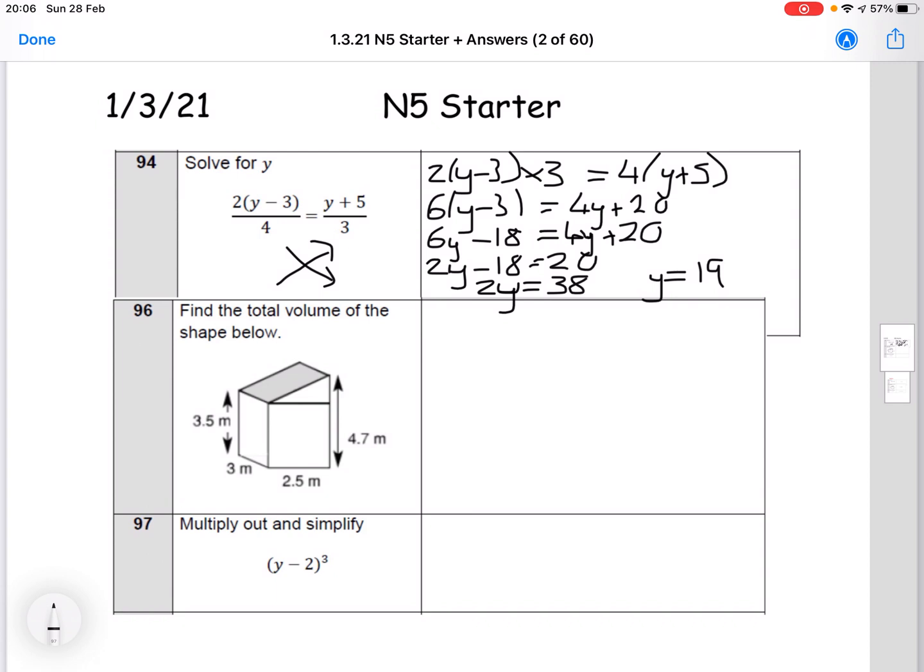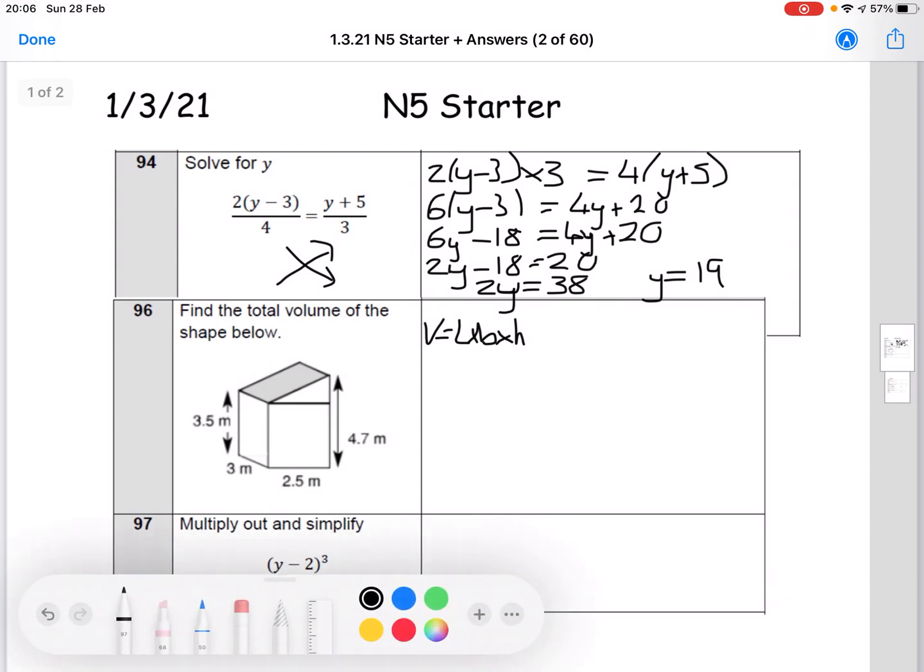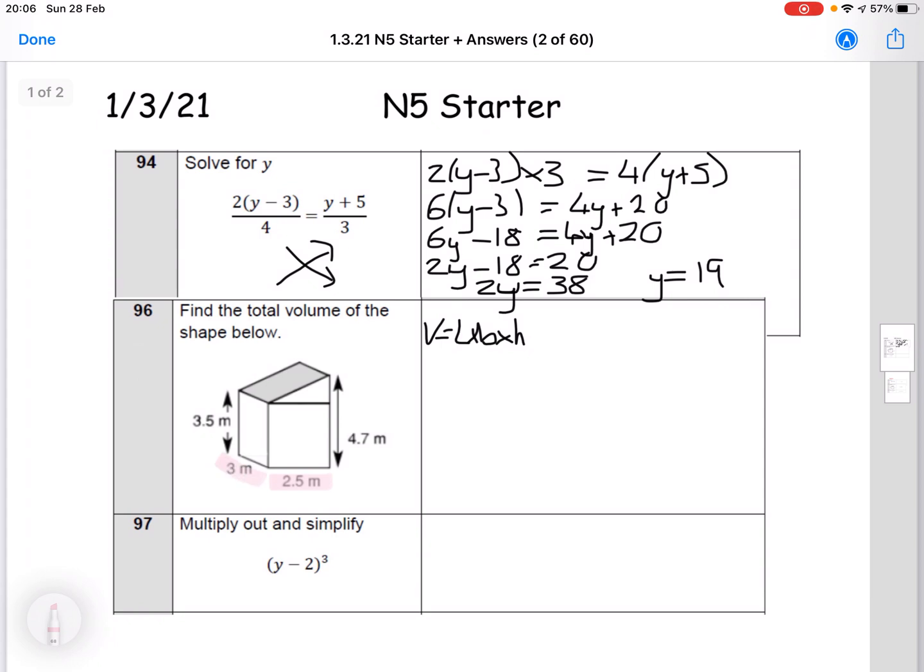Okay, the next section is a volume question. So question 96, find the total volume of the shape below. So we have here a cuboid, and then on the top we have a triangular prism. So your cuboid is length times breadth times height, and the sides that we're going to use for your cuboid will be the length, the breadth and the height there.